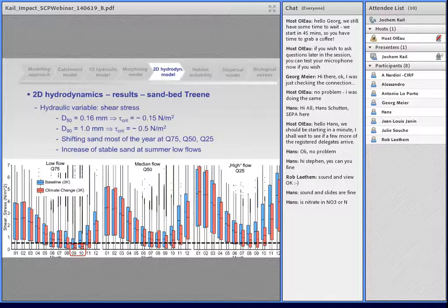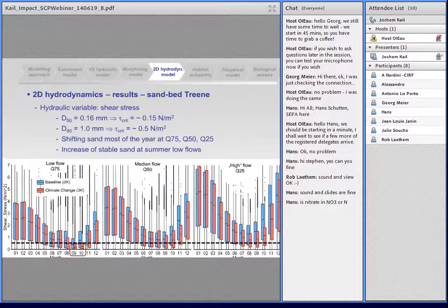And I added this dashed black line, which gives the critical shear of the bed material. And you can see that most of the channel bed area is above this critical threshold, also during low flow conditions. So this is a typical example of a meandering channel which has shifting sand most of the time for most of the flow conditions.